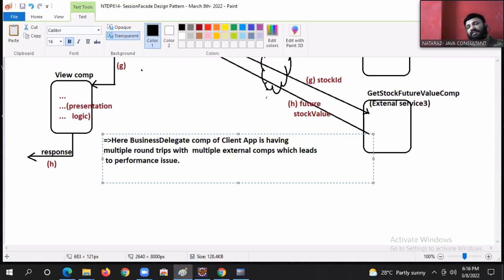Okay, listen, guys. You are going to the market for 3 works. Will you go to the market 3 times, or will you go 1 time and complete all the 3 works? Will you roam the market 3 times, or will you roam the market 1 time?